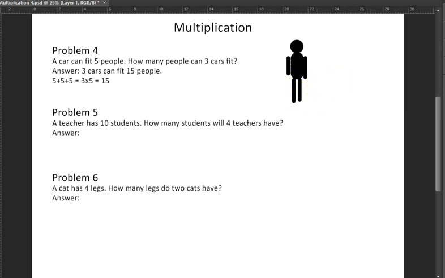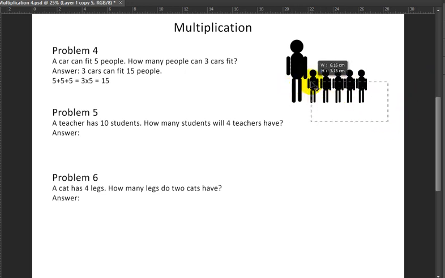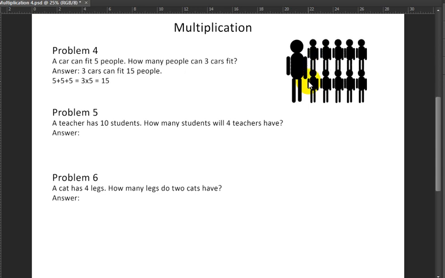And then we're going to make her 10 students, or his. 3, 4, 5, and then make another 5. For a total of 10. Now this is one teacher with 10 students.